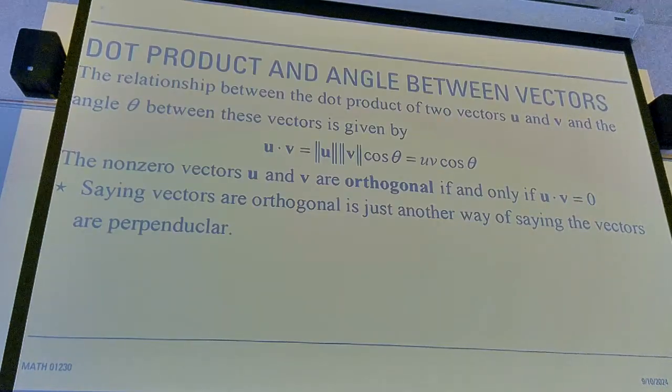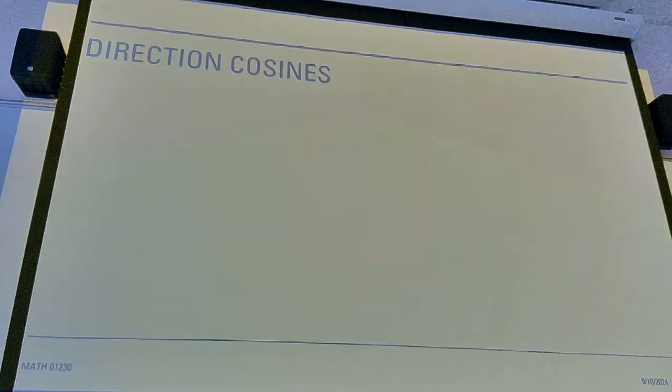Wouldn't we be interested in the angle that a vector makes with the standard vectors? These should be called your direction angles, your direction cosines.